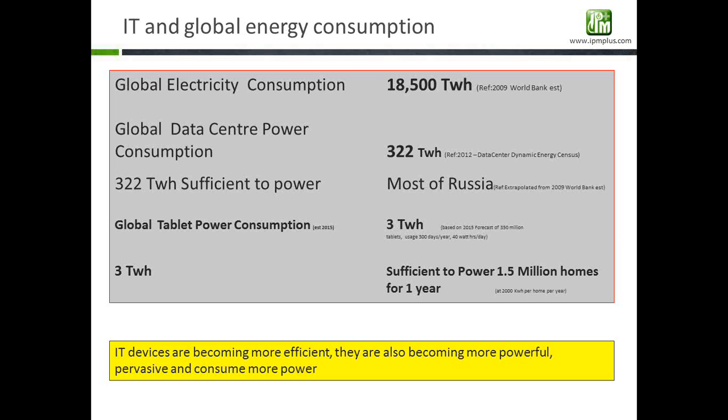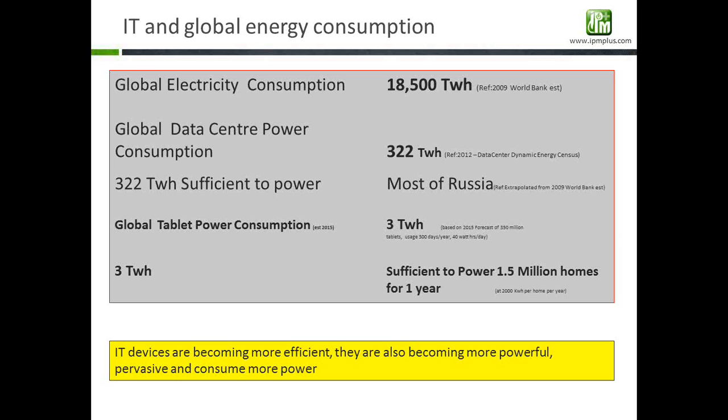As per the latest census from Data Center Dynamics, the global data center power consumption is about 322 terawatt hours. It is a small percentage of the global electricity consumption, but nevertheless a significant part. Look at the country-wise electricity consumption: the power consumed by the data centers worldwide is enough to power the entire Russia. Most of Russia can be powered by those 322 terawatt hours, which is a huge number.